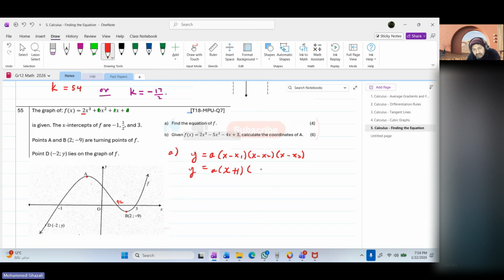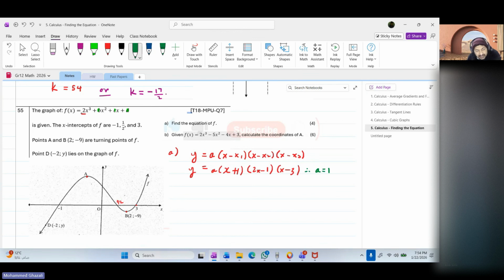You need to say 2x minus 1, because if you solve 2x minus 1 equal to 0, that's how you're going to get x is equal to half. And this one here is a 3, so that is just x minus 3. Now you can clearly see if you open up all this, you're going to get 2x cubed. So no need to find, you can just say, therefore, intuitive approach, A is just equal to 1.